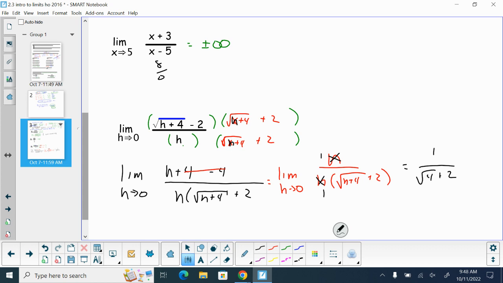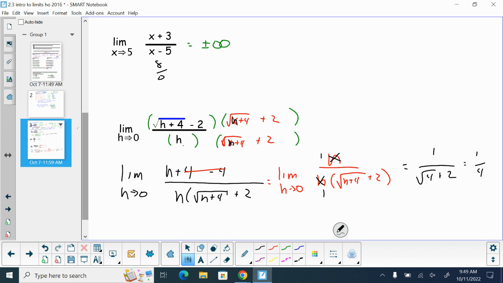Plugging in 0 for h, we get 1 over 4. So you have different scenarios that you have to deal with: removing discontinuity, not removing discontinuity, and then working with a conjugate.